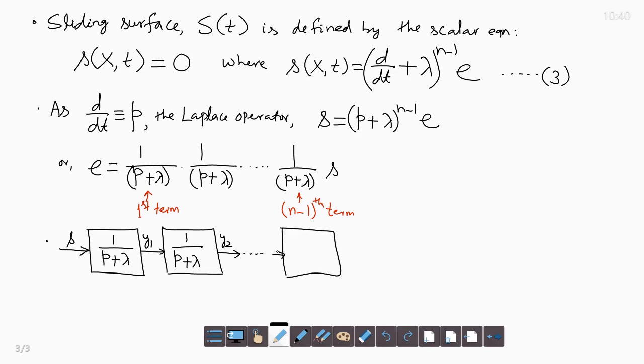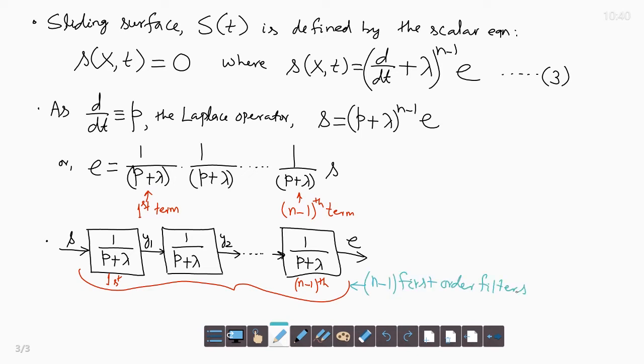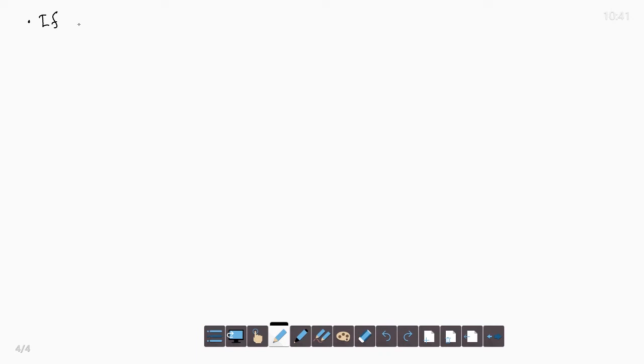The last one is 1 upon (p plus lambda). These are n minus 1 first order filters, each of time constant 1 upon lambda.